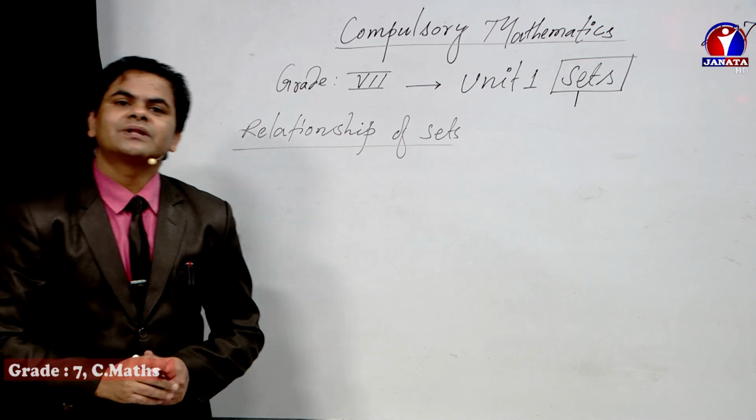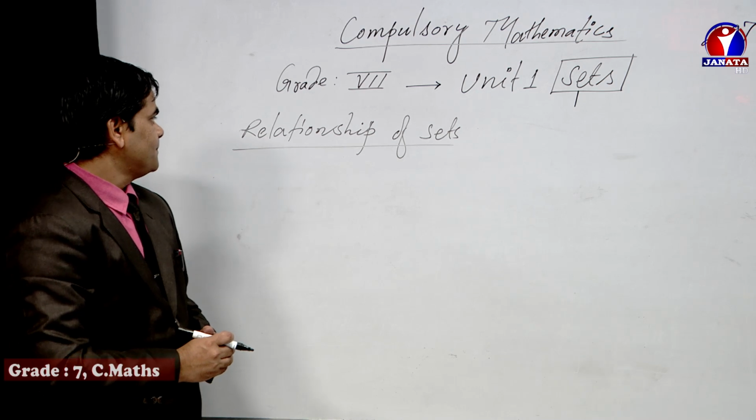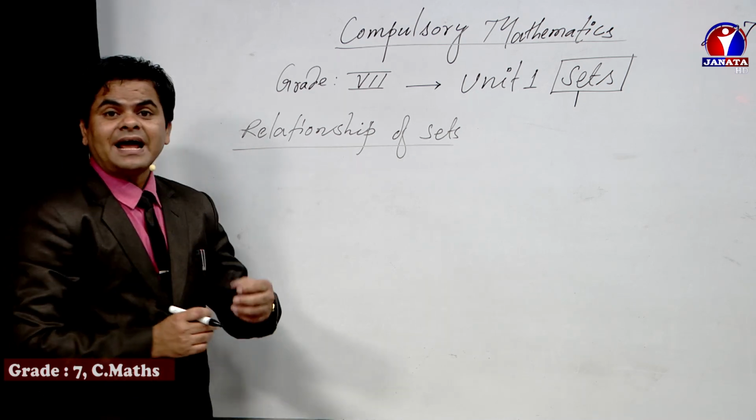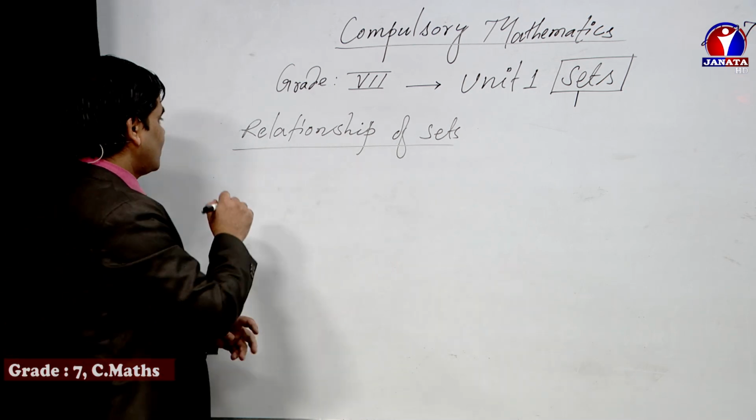If there are 2 or more than 2 sets given in the question, at that time a certain relation can be established among them. So what are the relationships?